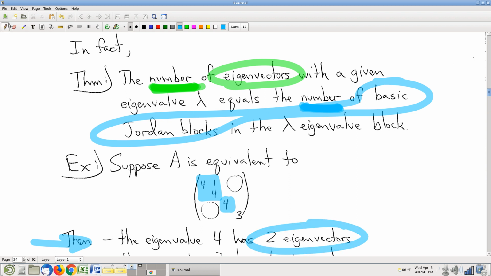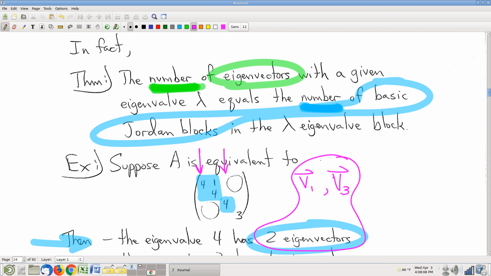Furthermore, I can tell you exactly which Jordan basis vectors are eigenvectors. The first column for that block is the first column, therefore V1. The first column for the next Jordan block is the third column, therefore V3. Those are your 2 eigenvectors.